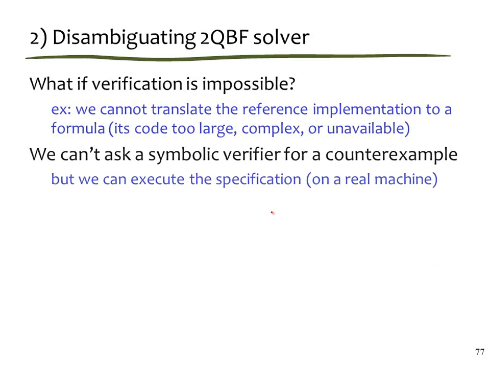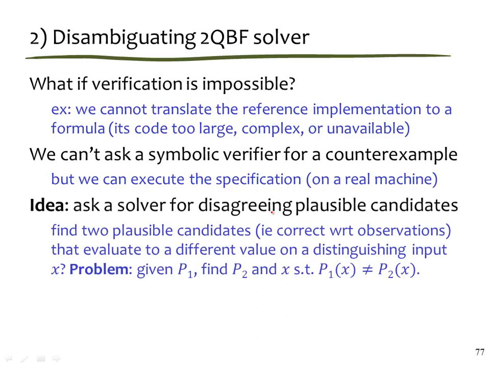Okay, so I wanted to cover the other one. To cover the second solver, what can happen sometimes is that the verification is impossible. You might have a reference implementation, you might have a spec, but perhaps you cannot translate it because source code is unavailable or too complex. So you cannot ask a verifier for a counterexample input. What you can do instead is to ask a solver for disagreeing plausible programs. Plausible programs are those that agree with the constraints so far, but they disagree on some input X. They output a different value.